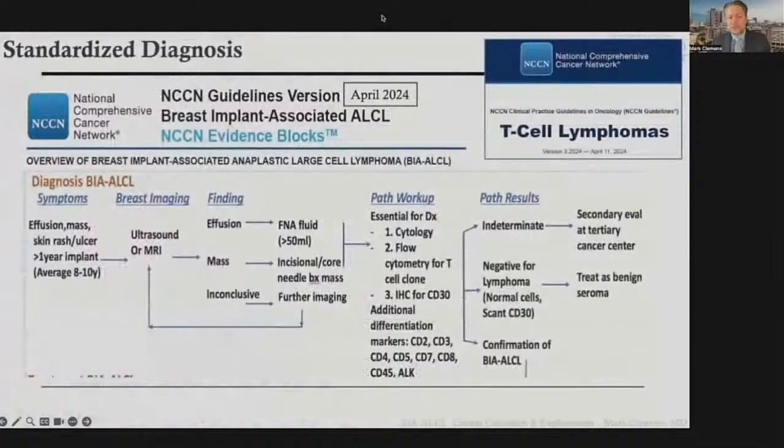Now, I first want to start out with the National Comprehensive Cancer Network guidelines, which were updated just this past week on April 11th, 2024. I want to thank NCCN for approving this and making it available in anticipation of our meeting this week. This has really helped get the most updated information out to you in a timely fashion.